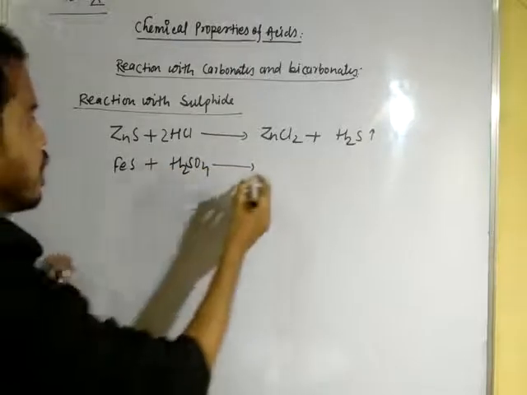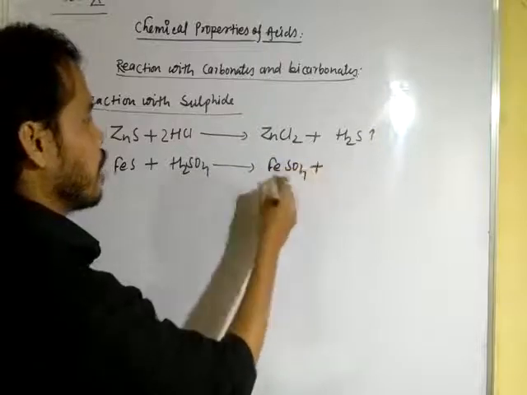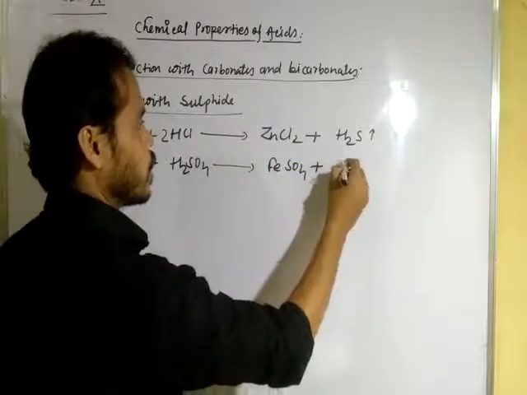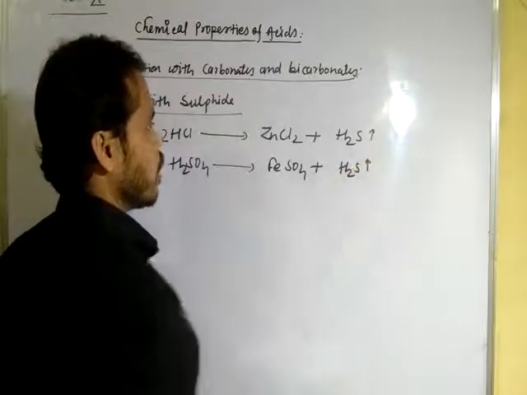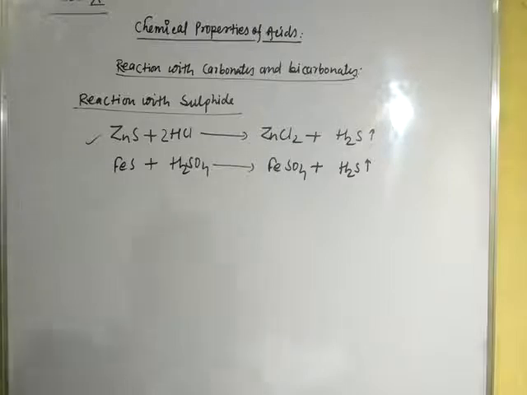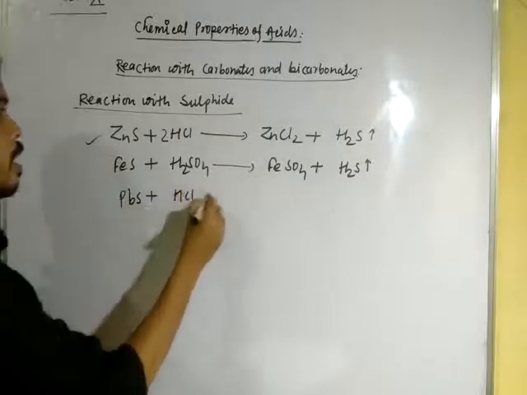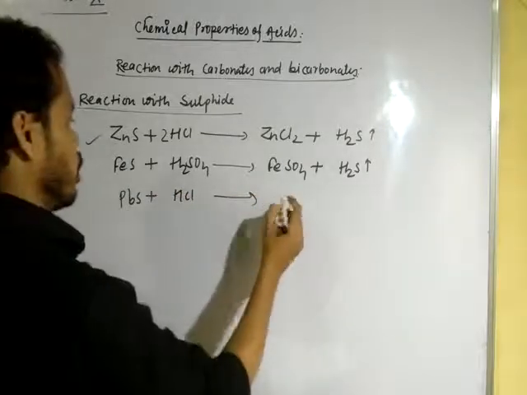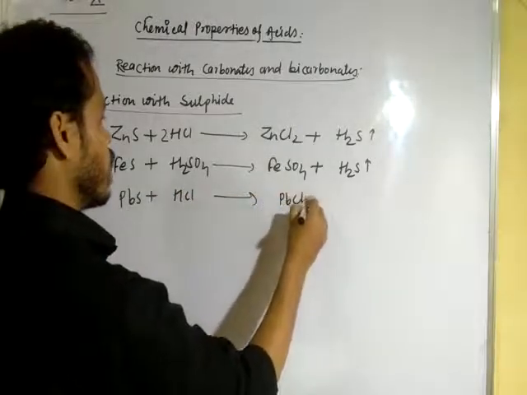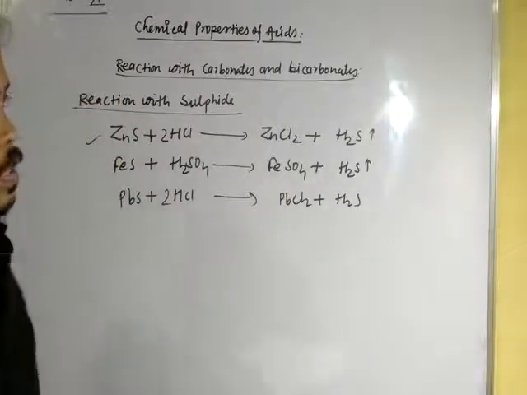Once again it forms ferrous sulfate, FeSO4, and H2S. This reaction is balanced. Okay, you can see the reaction. Okay, next one is when lead sulfide, PbS, is treated with HCl. Once again it forms PbCl2 and H2S, multiplied with 2.